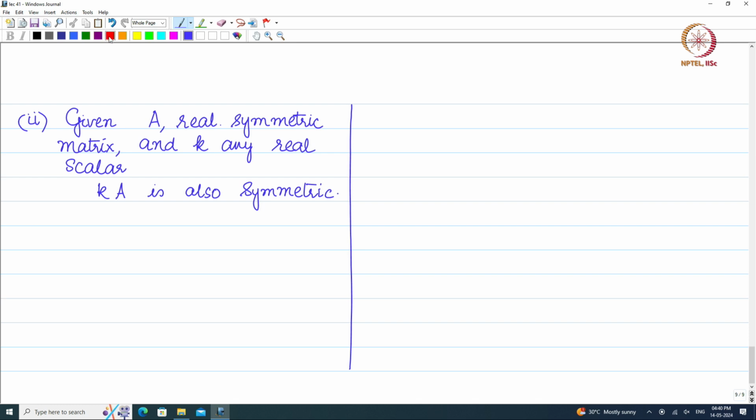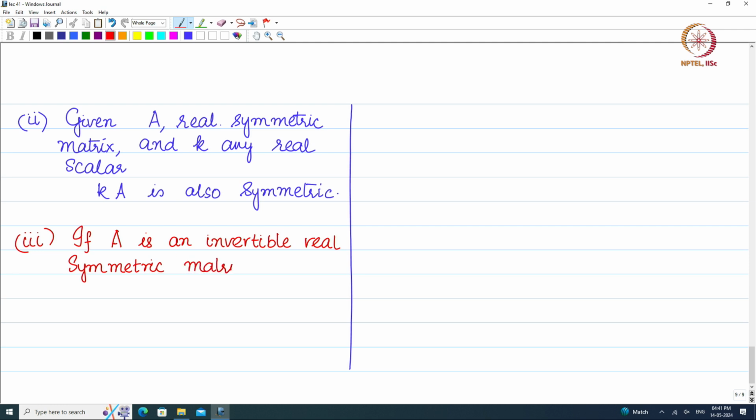The third most important property is the following: if A is an invertible real symmetric matrix, A inverse is also real symmetric.